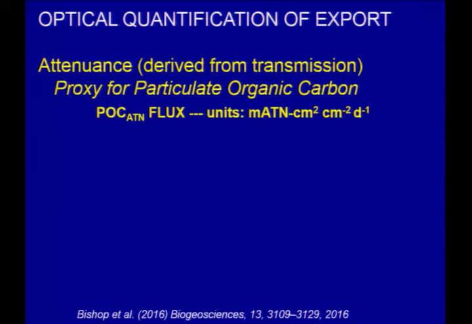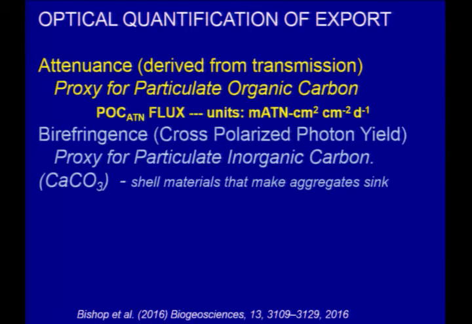And then if you know each time step and sample load increase, you can turn that into a flux. And the units are milli-attenuance units, centimeters squared, which is the optical volume of particles on the sample stage, normalized by the trap opening, normalized by the time deployed.